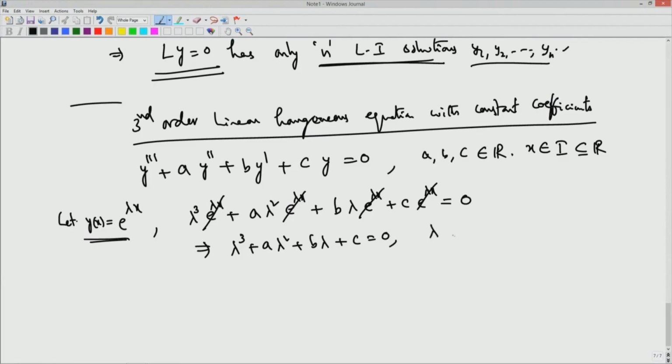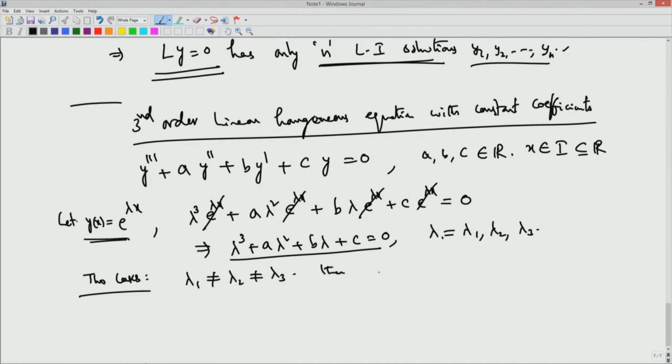So this is a polynomial equation of degree 3. You have 3 roots, which are lambda 1, lambda 2, lambda 3. You have two cases. If they are all distinct, lambda 1 not equal to lambda 2 not equal to lambda 3, then e power lambda 1 x, e power lambda 2 x, e power lambda 3 x are linearly independent solutions.